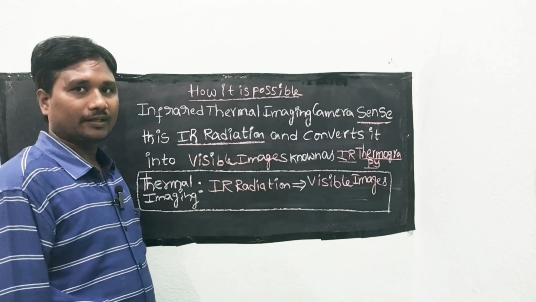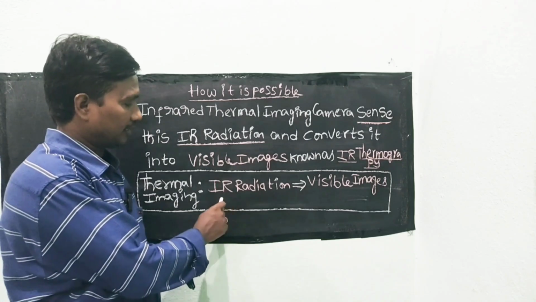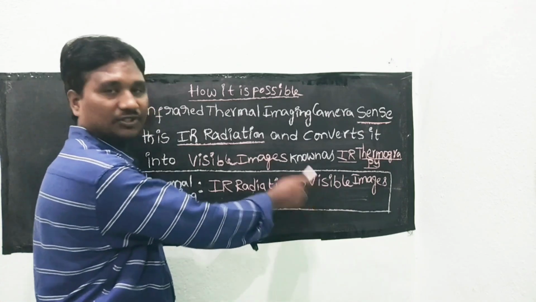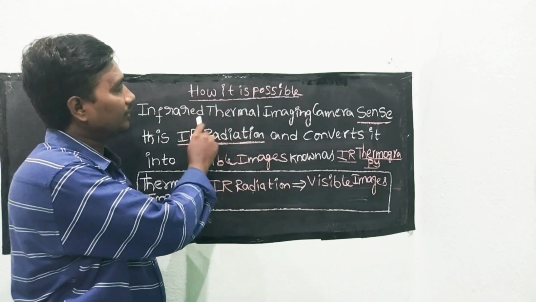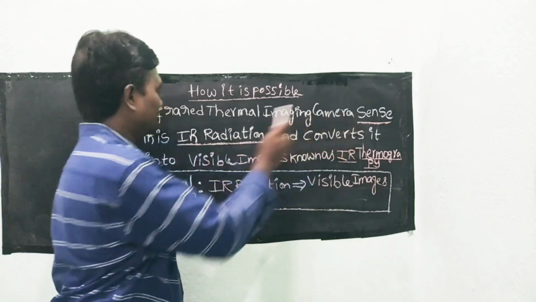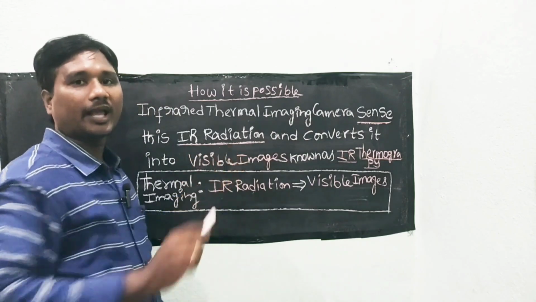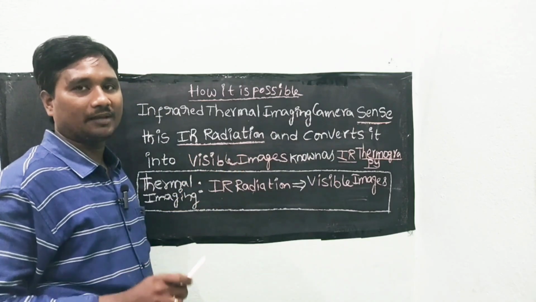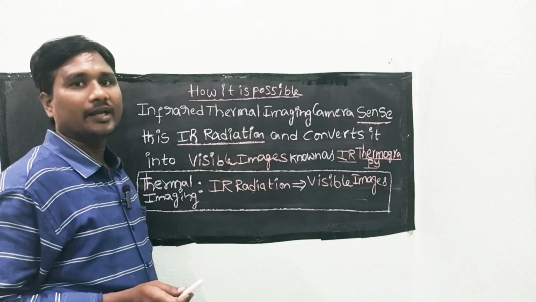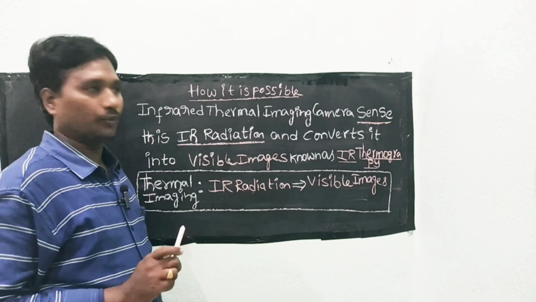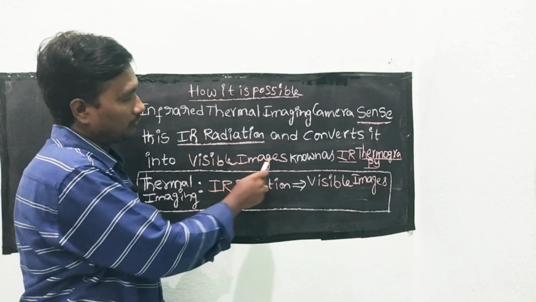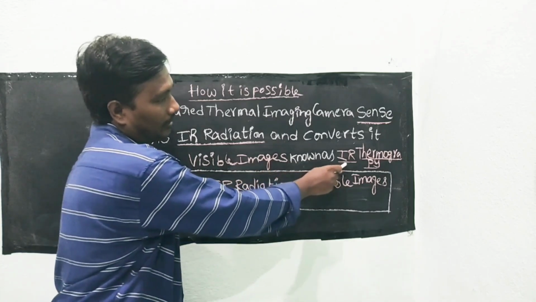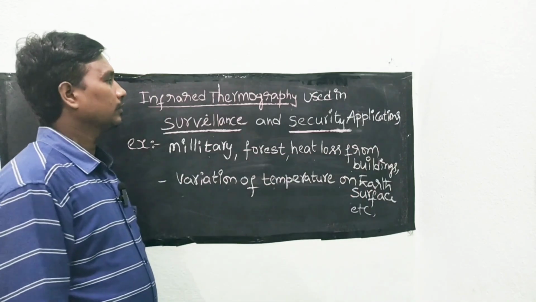Thermal imaging is the process of converting infrared radiation into visible images. How is it possible? An infrared thermal imaging camera senses the infrared radiation emitted by bodies, that is animals and other warm-blooded living beings and humans, and converts it into visible images known as IR thermography.